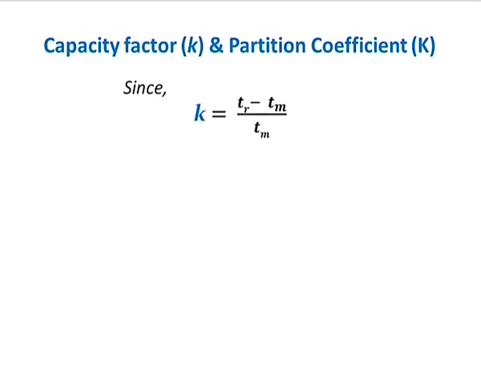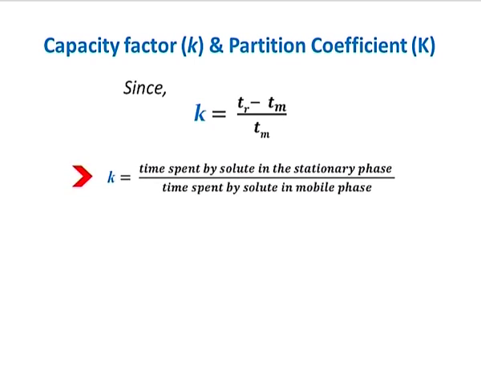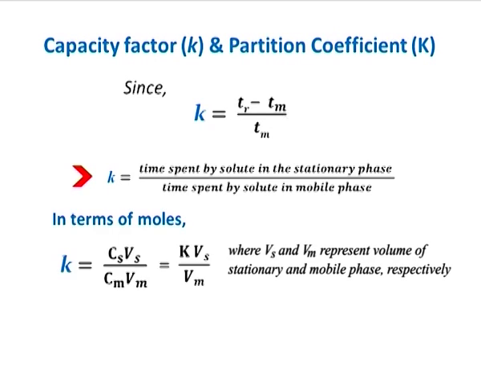This capacity factor we saw in the last lecture equals Tr minus Tm upon Tm. This can be expressed in terms of moles also, but in terms of time, this capacity factor tells you about the time spent by solute in the stationary phase upon the time spent by solute in the mobile phase. Now, if you convert this into moles of the solute, it can easily be converted into this equation.